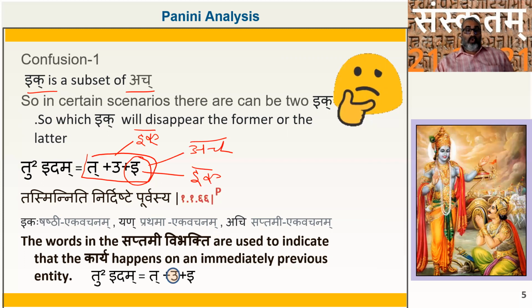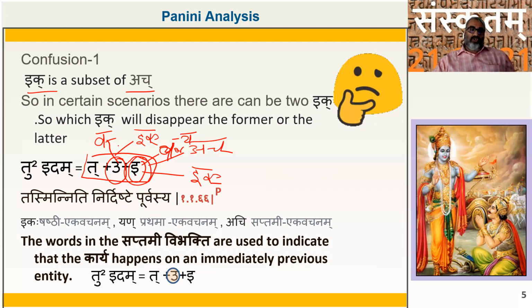So when you have two Iks, by Iko Yanachi you will have Yan when Ach follows. That is very clear. U is Ik, e is Ach, and e is also Ik. Now there is a confusion whether e will go and become ya, or u will become va or ya. We do not know, because Yan means ya, va, ra, la.